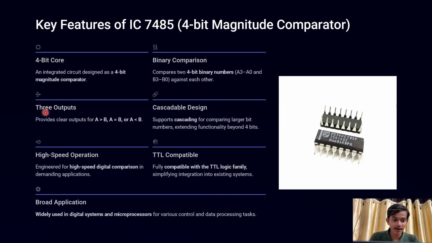It provides three outputs: A is greater than B, A is equal to B, or A is smaller than B. One more important feature is its cascaded design, which allows multiple ICs to be connected together for higher bit comparison. The device also supports high speed operation and is fully compatible with TTL logic families, making integration into digital systems simple. Due to all these features, IC 7485 is widely used in microprocessor control systems and digital data processing.